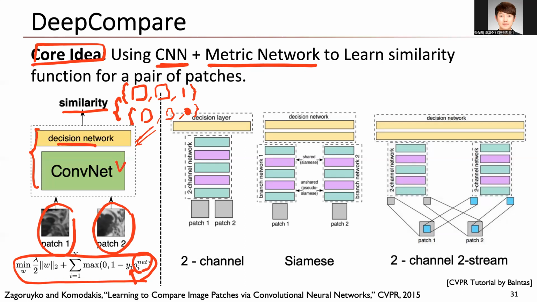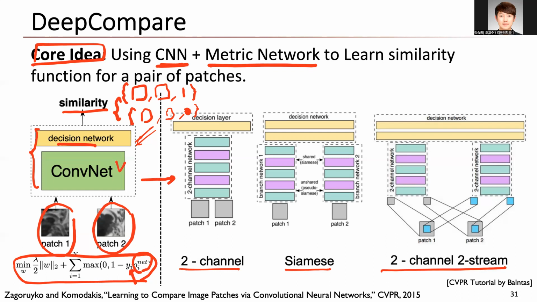So it can estimate similarity or dissimilarity. And how do they design the convolutional neural network here? In this paper, they propose three kinds: the two-channel network, the CMS network, or the two-channel two-stream network.